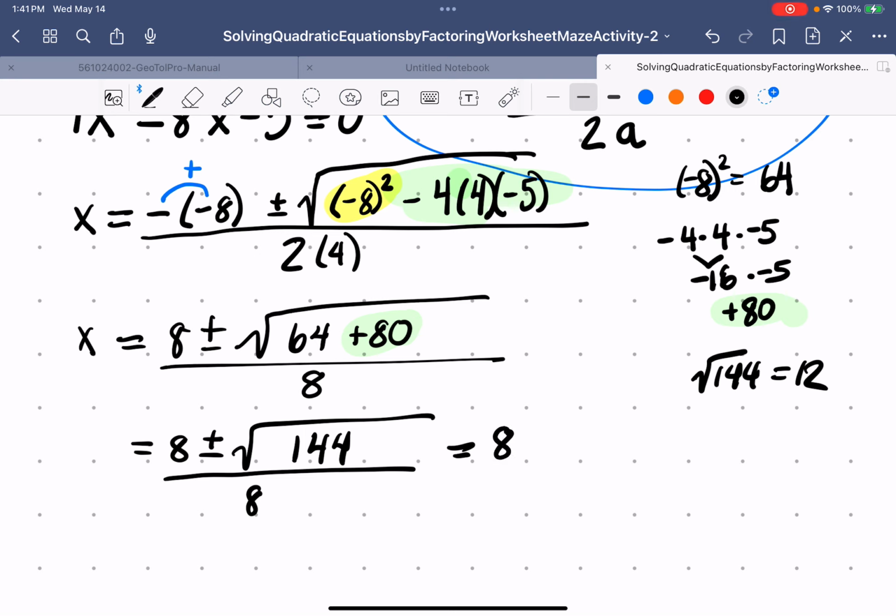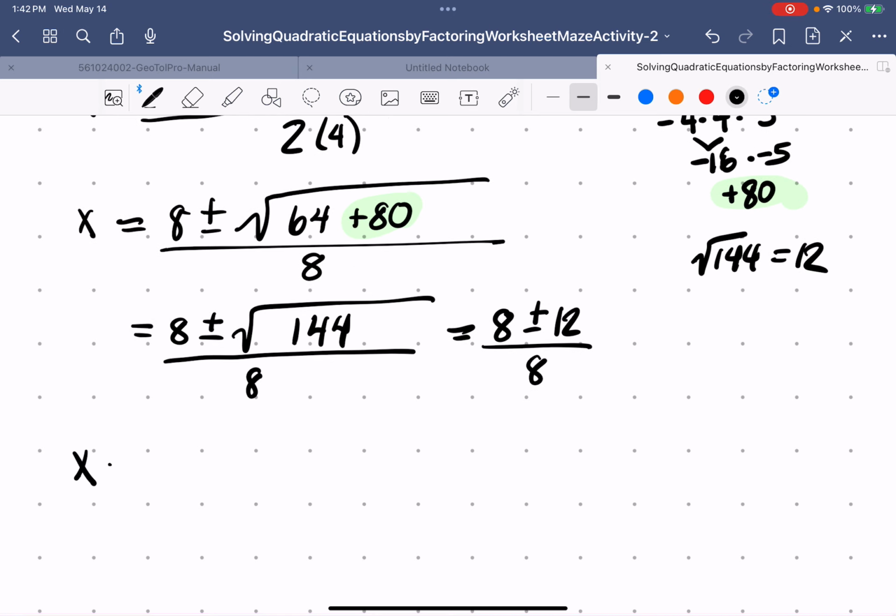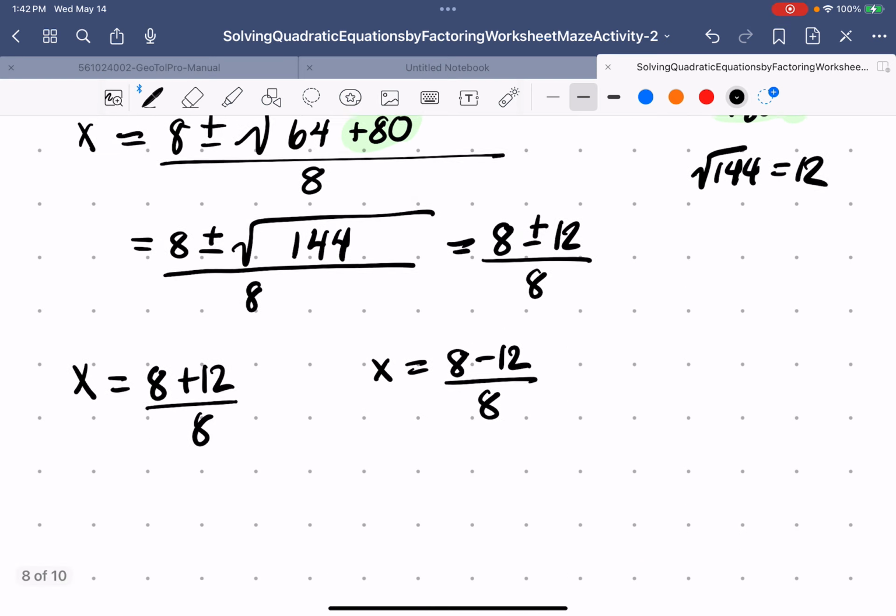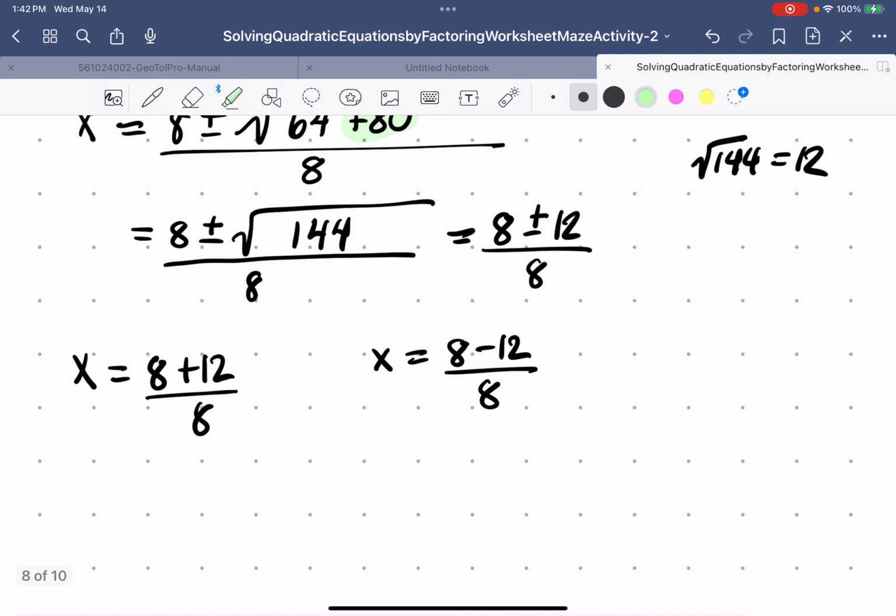So 8 plus or minus 12 all over 8. So x is 8 plus 12 over 8, or x could be 8 minus 12 over 8. That's what this plus or minus symbol means. Could be plus 12 or minus 12.